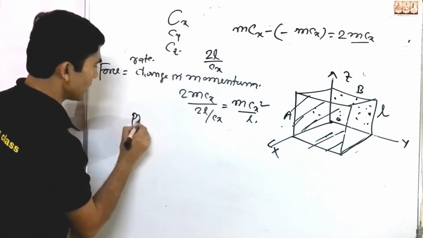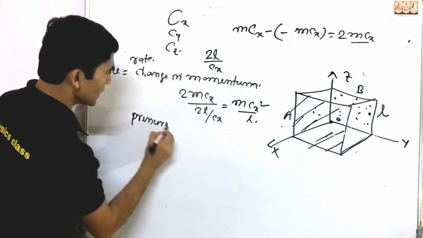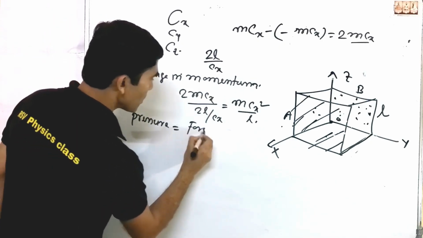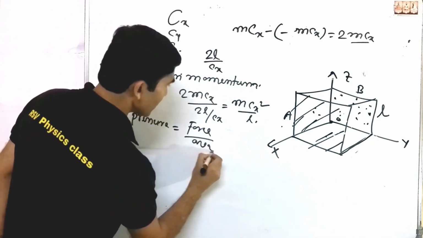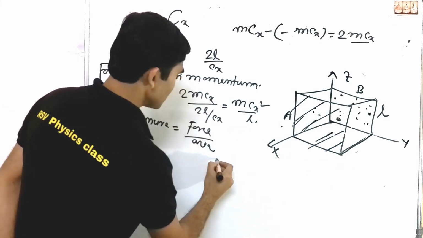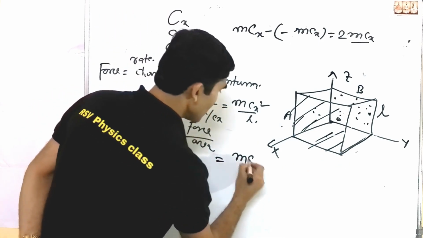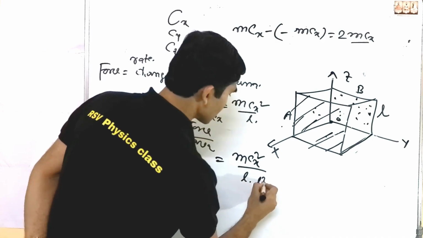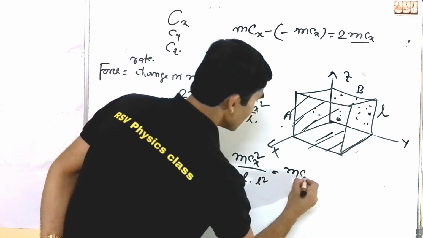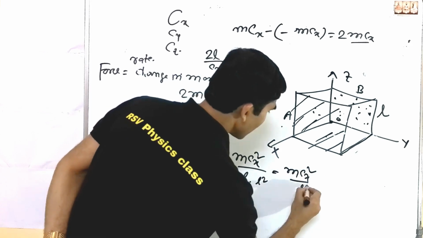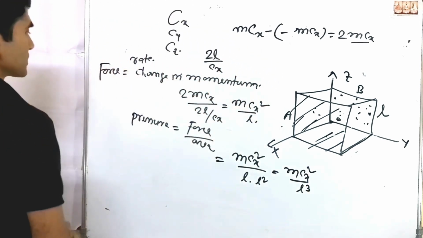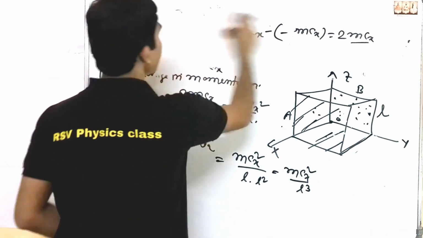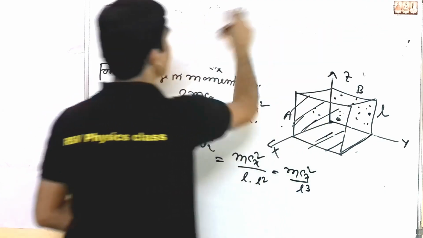And pressure is force per unit area, and the area is L square. So it is m cx square over L into L square, which is m cx square over L cube. This is the expression for pressure Px for one molecule.